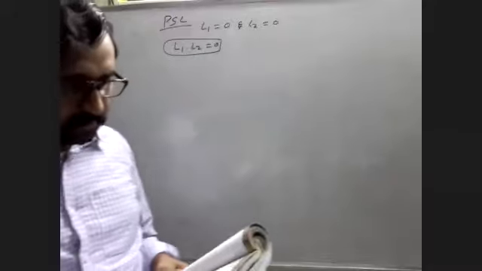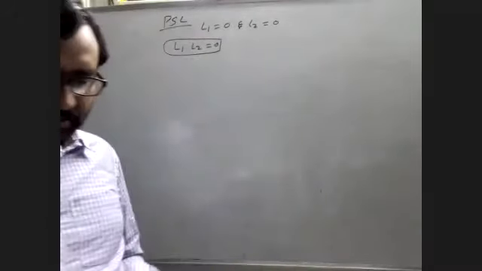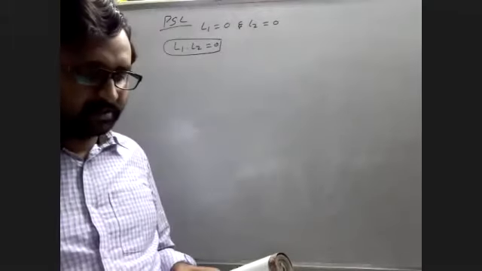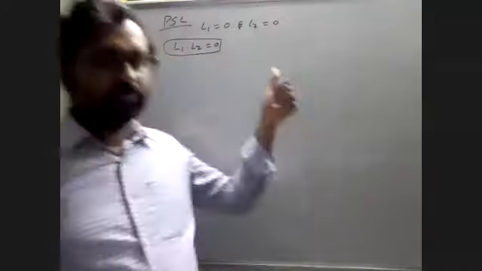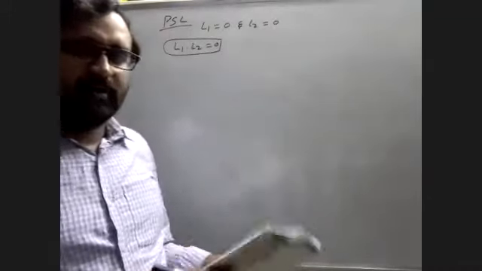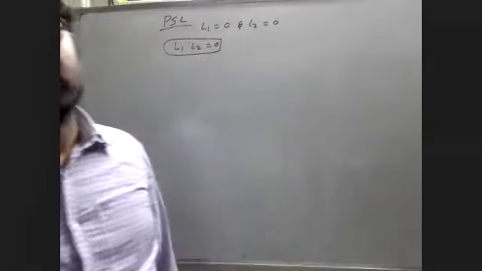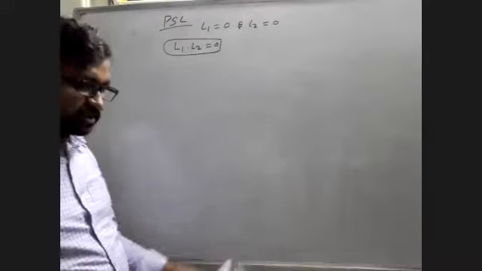Okay. So any second degree equation in x and y represents a pair of straight lines if the expression on the left hand side can be expressed as the product of two factors in terms of x and y. Here we have homogeneous pair of straight lines and non-homogeneous pair of straight lines. So first, homogeneous equation.